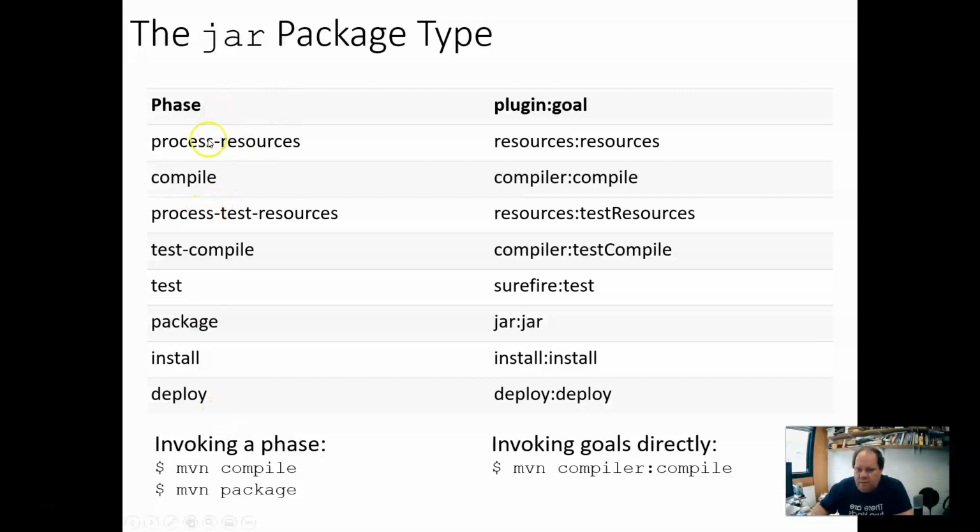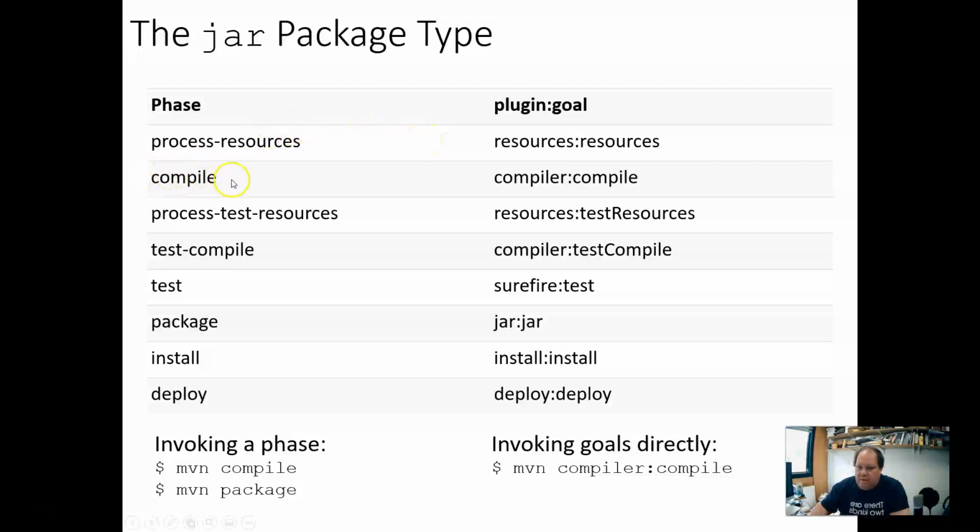So here we have a process resources phase, and what this phase does is copy resources defined within the source main resources folder into a target/classes folder. This is a classes folder within the target folder of the project.